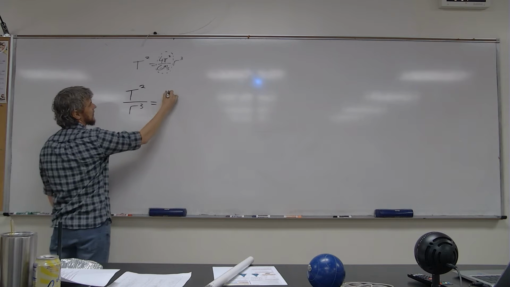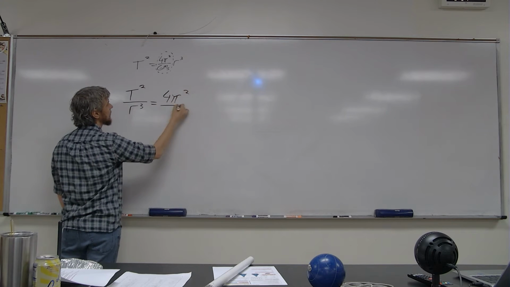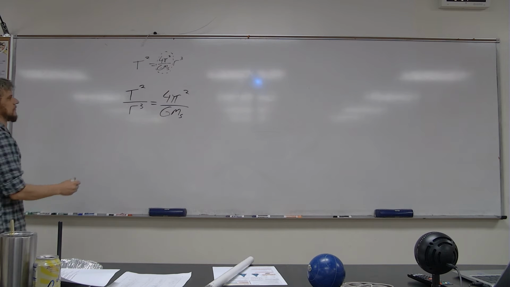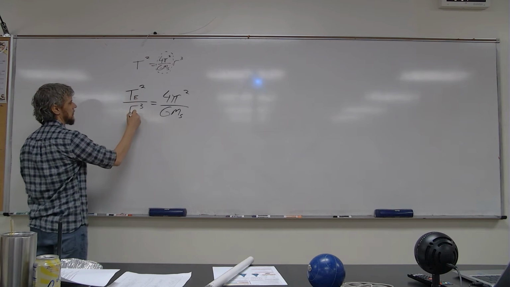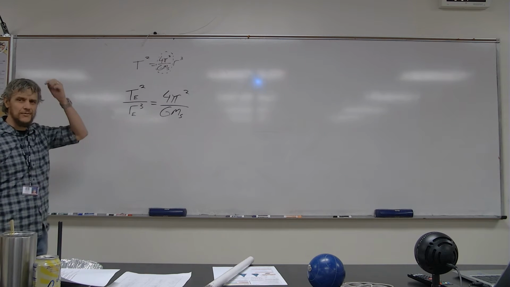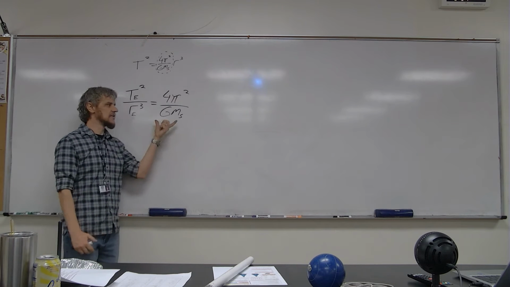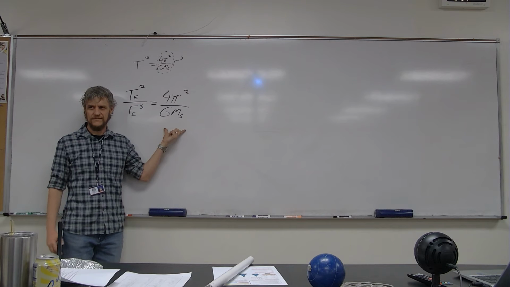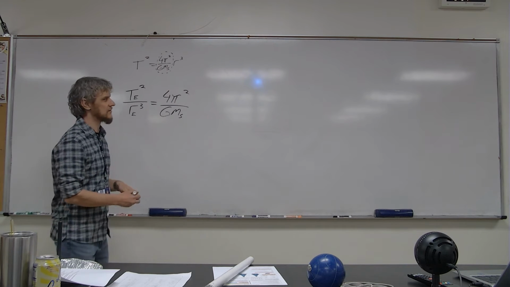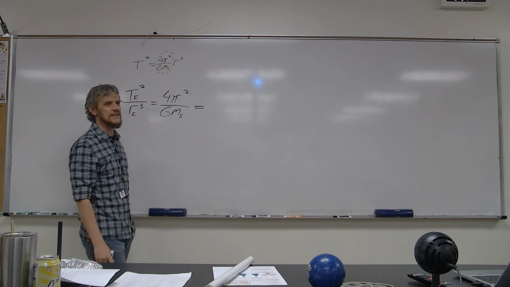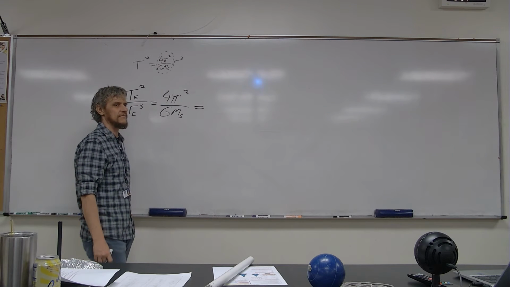Because when I do that, I get this. And let's say I'm doing it for the Earth. So the ratio of the square of the orbital period to the cube of the orbital radius for the Earth is this, which is a constant for the solar system. So what that also means is that, what's your favorite planet, Taylor, that we can see in the night sky with our naked eyes? Venus.